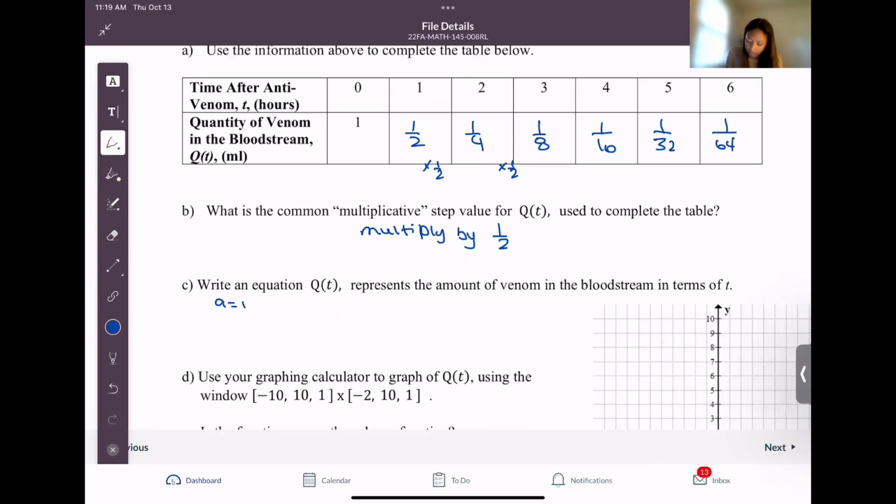From the last part, B is equal to 1/2, and the function Q of T would be 1 times 1/2 to the T power. We usually don't write the 1, so we'll write it as 1/2 to the T power, not the X power or the second power.